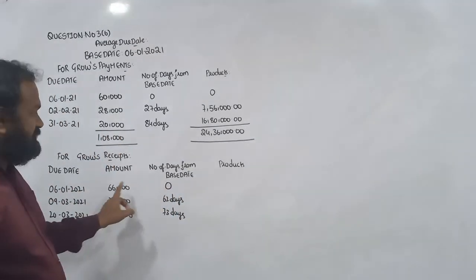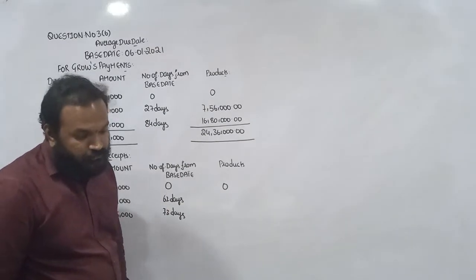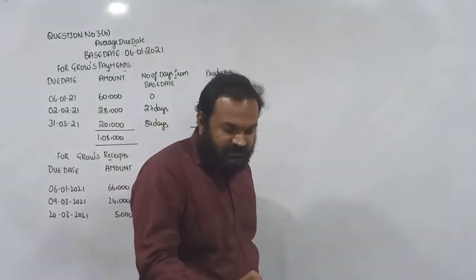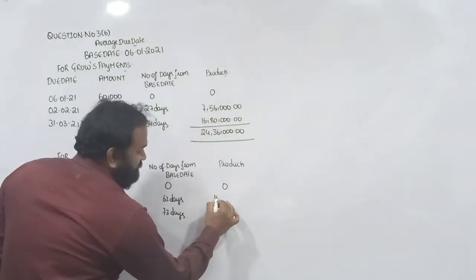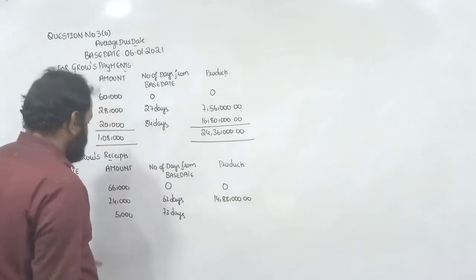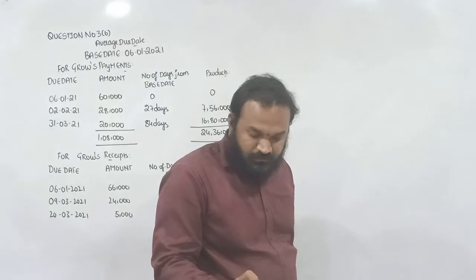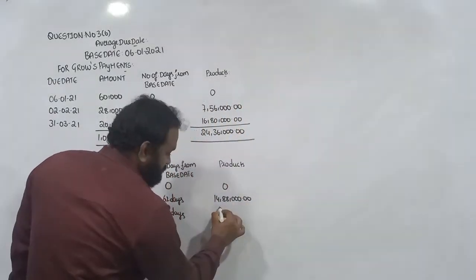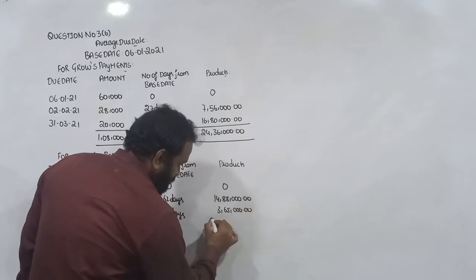And coming to products, 66,000 into 0, 0. 24,000 into 62. I'll check once. 24,000 into 62. It's 14,88,000. Next, 5,000 into 73. It's 3,65,000.